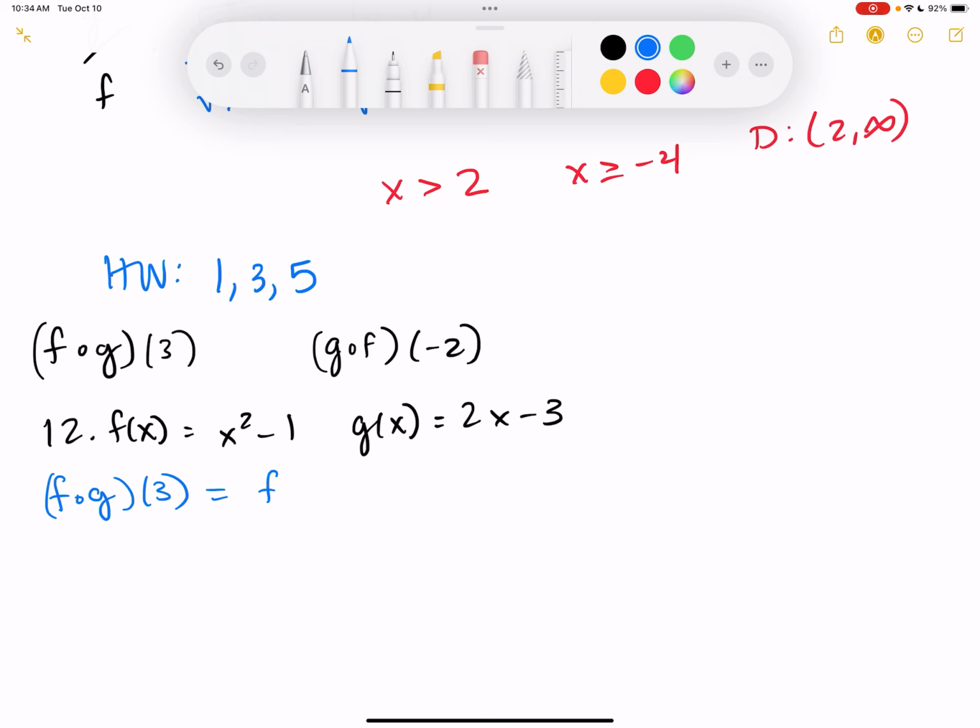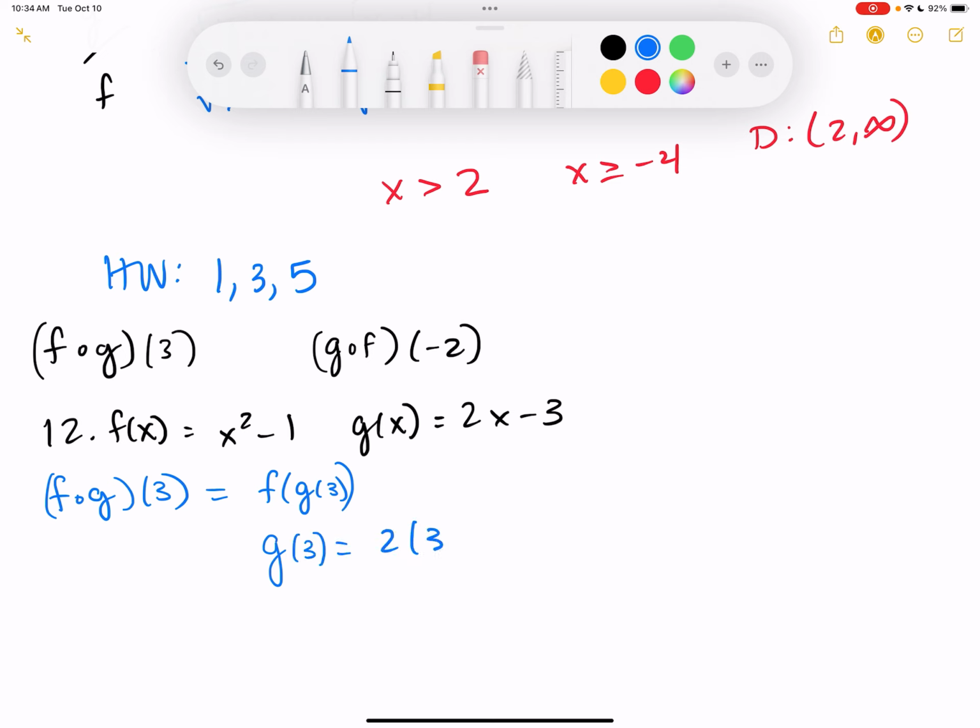So I usually do this. I usually use this notation anyways because this one can be a little more confusing about what's happening. I usually do these in pieces. So anyways, let's just do g of 3 first.